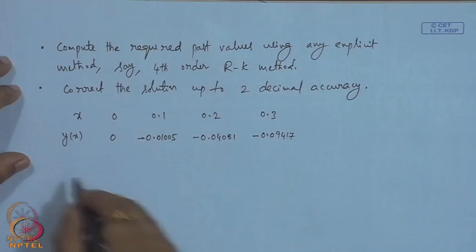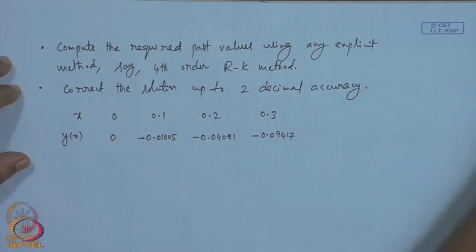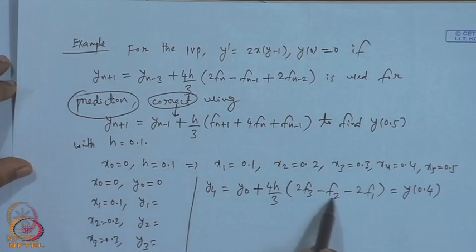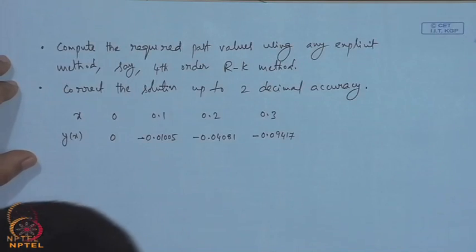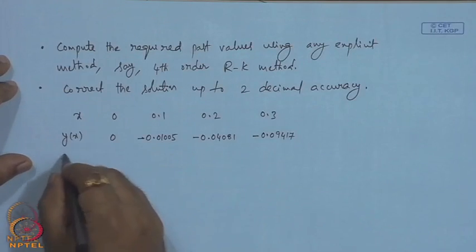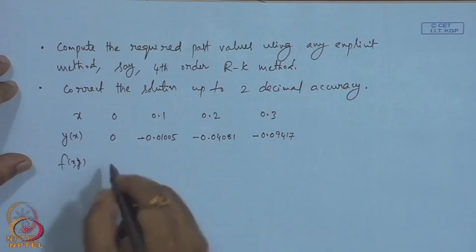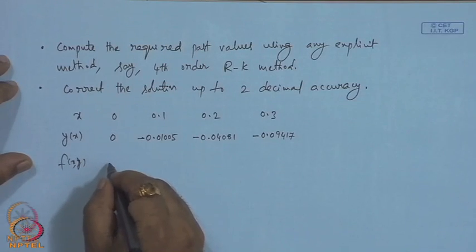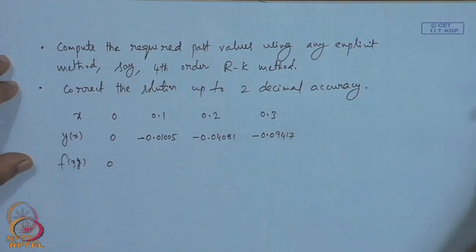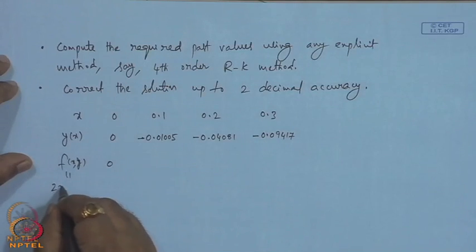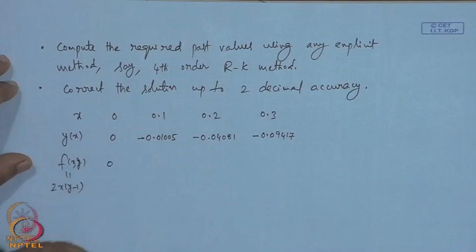Okay. So, this is y, but if you look at our formula, it will expect f. So, that means accordingly for a given f, we need to compute this. Okay. So, for the given f, I am talking about f of x, y equals 2xy minus 1.